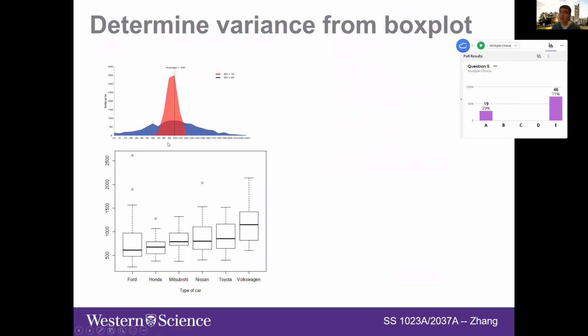So you would imagine that since we have a very high intensity, our box itself will be very narrow, right? Very narrow, such that we can have such a high intensity, but the whiskers will be really long in that case. So that's how we decide whether it's uniform or bell shaped.